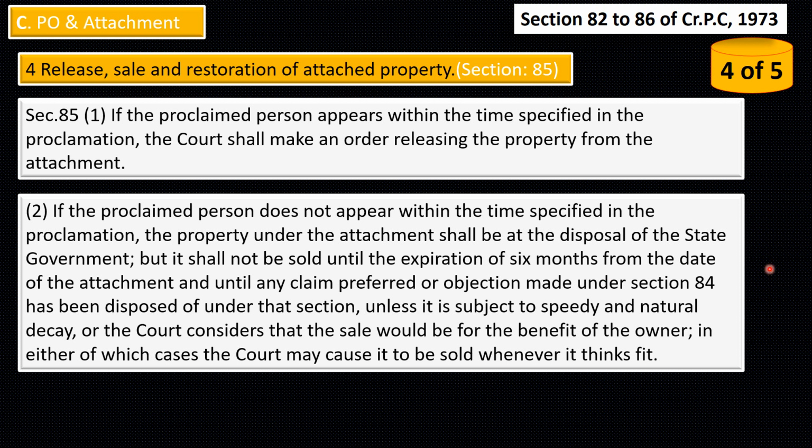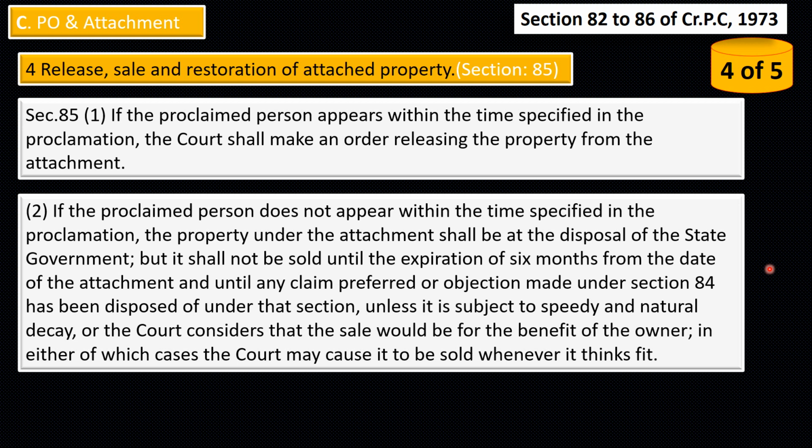And this condition is also waived if the property attached is of perishable nature or the court considers that the sale would benefit the owner. In either of the cases, the court may cause it to be sold.